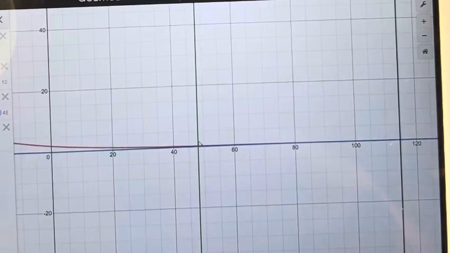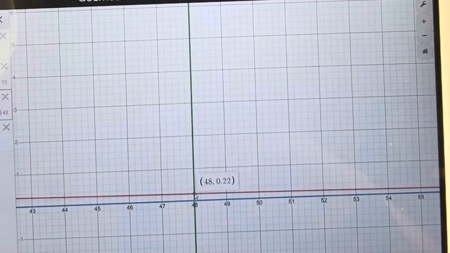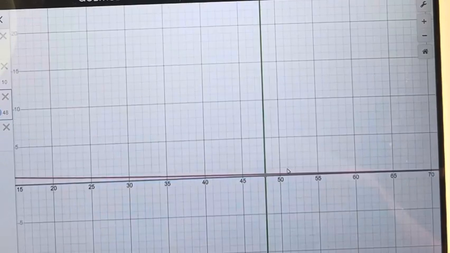And if we zoom in, at 48, the function has a value of 0.22. Therefore, there is a mass of 0.22 grams, or 0.218, remaining at 48 hours. So that's the answer to C.